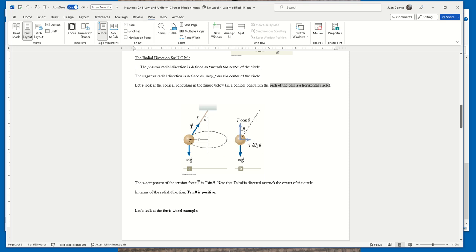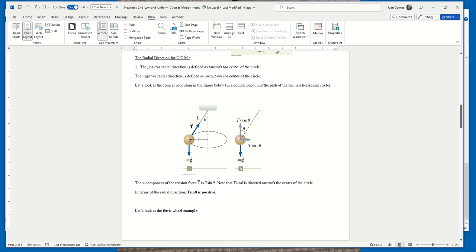Notice T sine theta is directed towards the center of the circle. In terms of the radial direction, T sine theta is positive, because no matter where the ball is on this horizontal circle, T sine theta will always be directed towards the center. Right now the ball is on the leftmost part. When it's over here, T sine theta is, again, always directed towards the center.